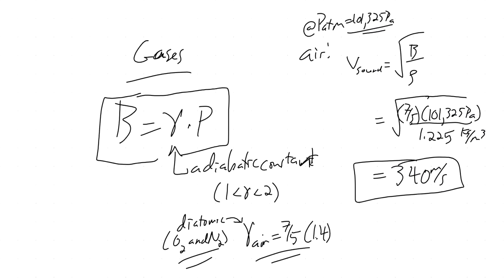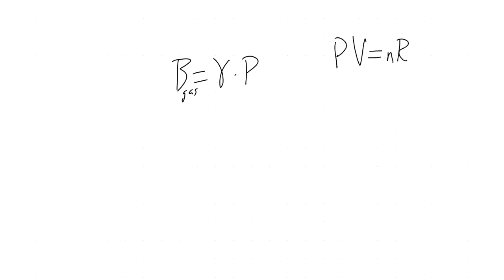This is where this formula comes from that I want you to know and be able to use. The bulk modulus for a gas is the adiabatic constant times its pressure. But you might know that there's something called the ideal gas law, PV equals nRT. R is the gas constant, 8.31 joules per mole Kelvin. T is measured in Kelvin.